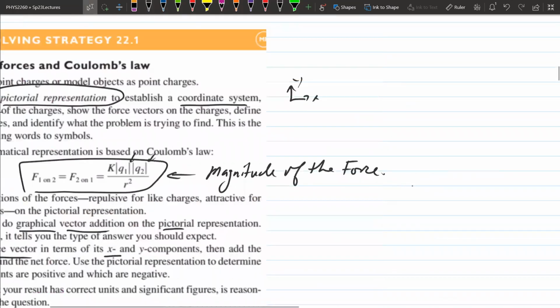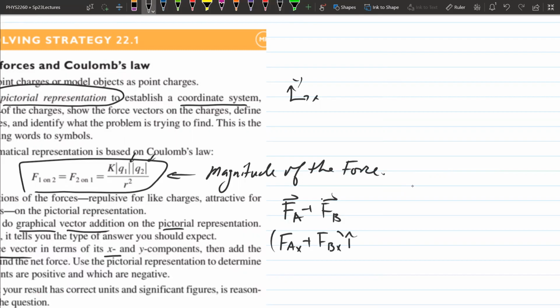Remember back in general physics 1, when you have force vector A plus force vector B, in order to add these two vectors together, you have to add the X component of A to the X component of B in the i hat direction, plus the Y component of A plus the Y component of B in the j hat direction.